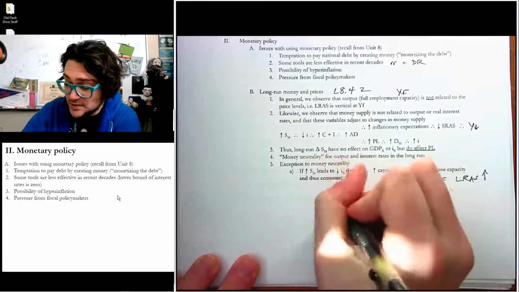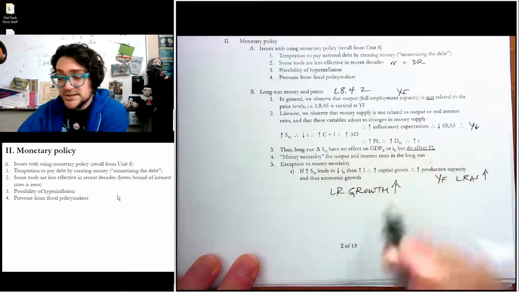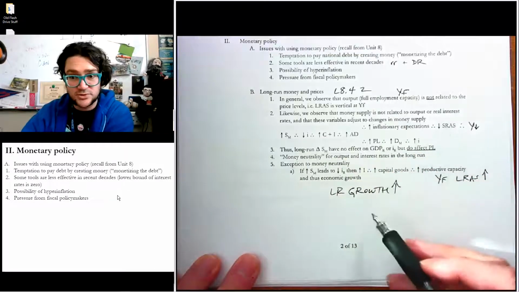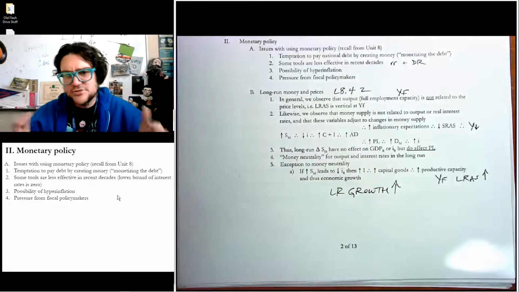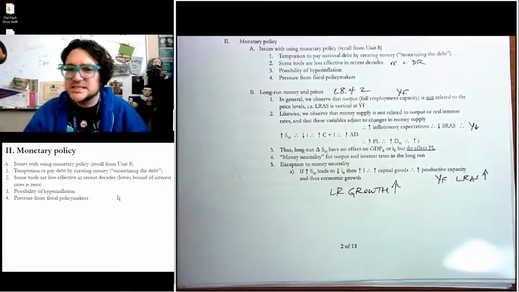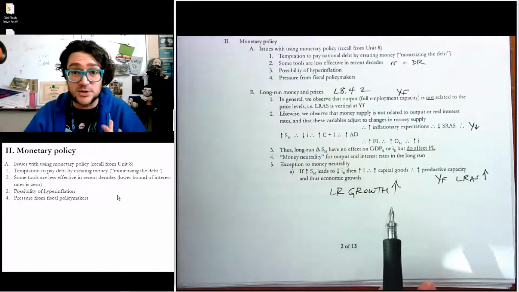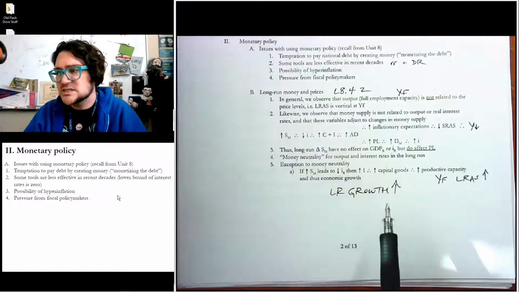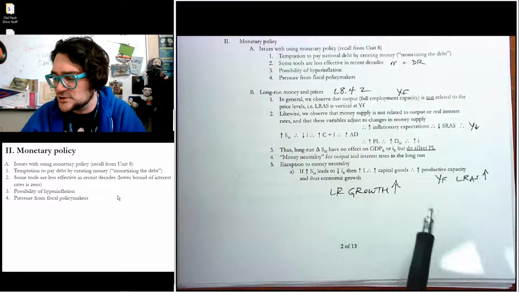That's long-run growth. Now, that is literally at odds with the story I just told you. There's one story that's like, nah, you can't affect it. One story that says, yeah, you can do it, maybe. The evidence is kind of mixed for this one down here at the bottom. In theory, it's possible, but it's maybe less true in certain circumstances. We could talk about that in class if you have questions about it.